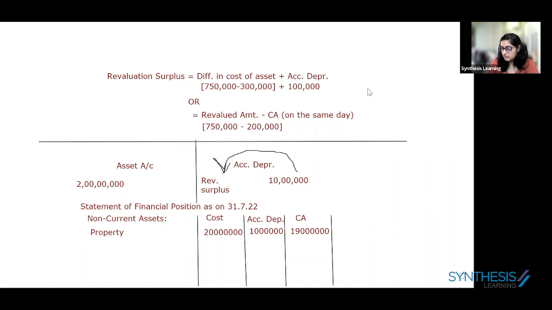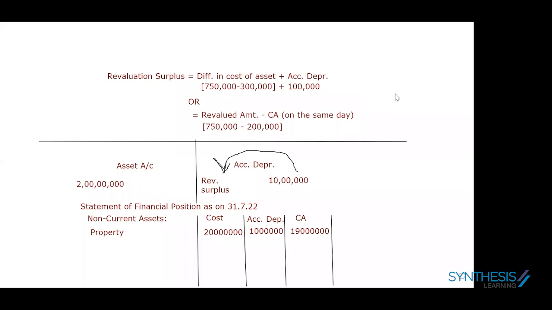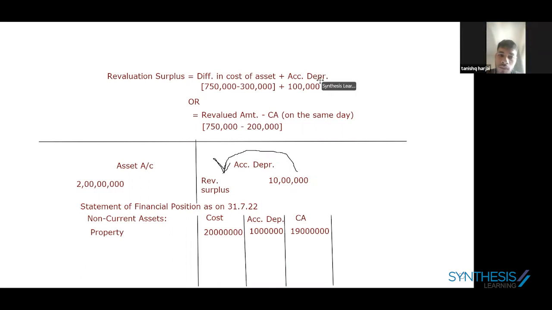1 second. I don't know why Miss Varija is calling me. हाँ, अभी clear हो गया.